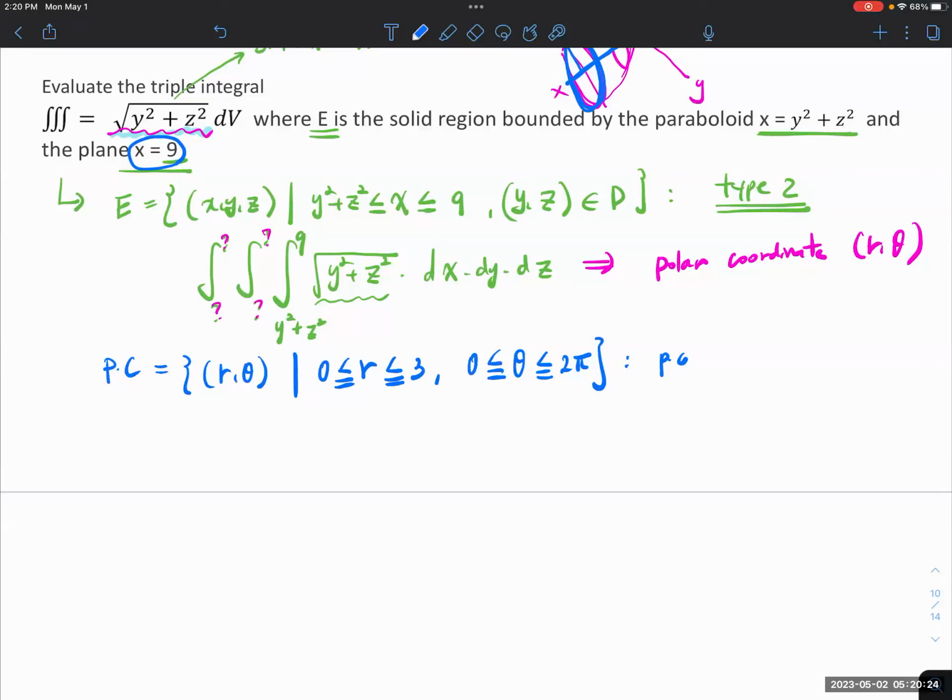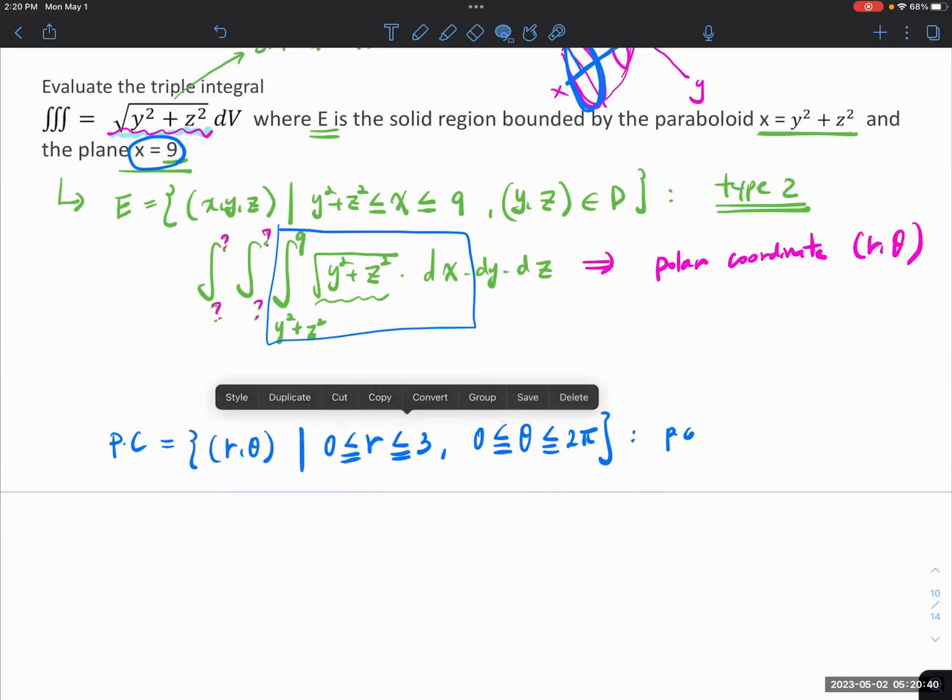So let's think step by step. First of all, I can calculate this part before we go to polar, because I want to make it as simple as we can.